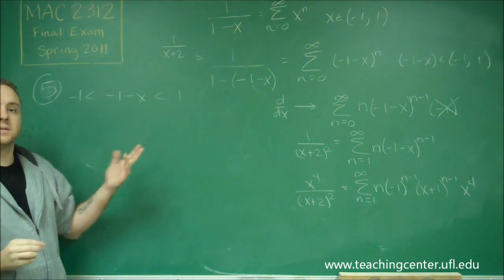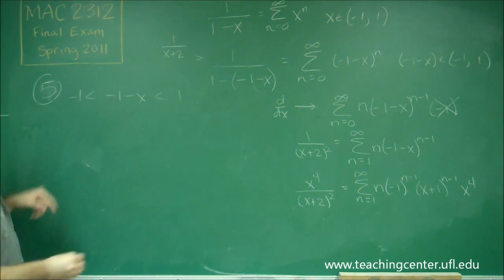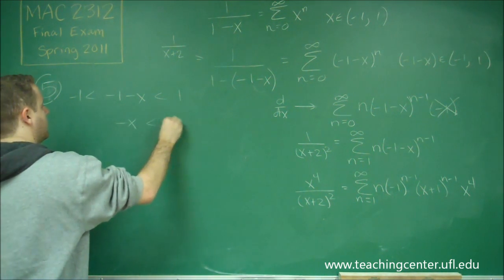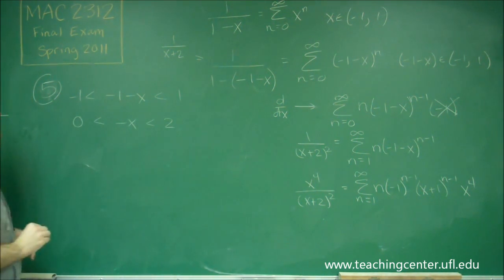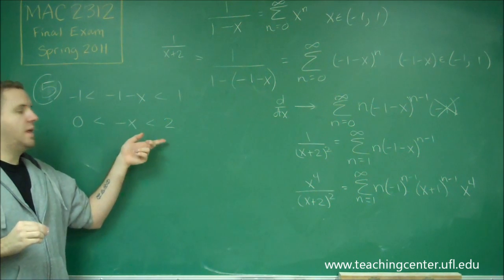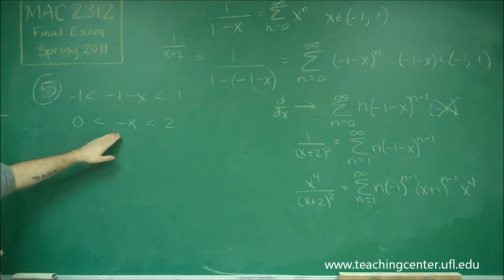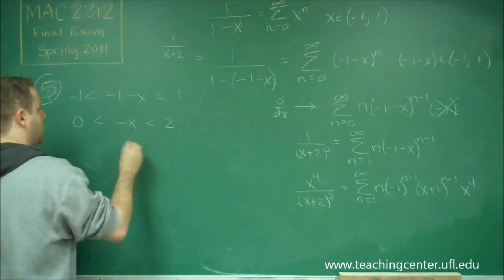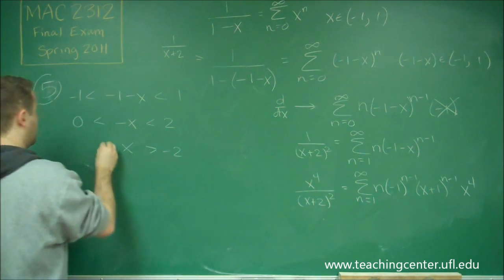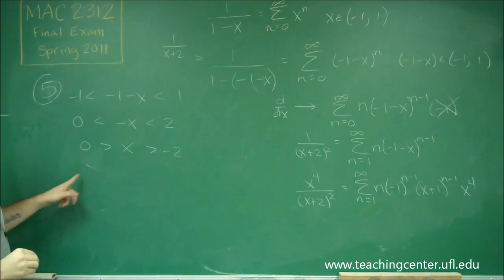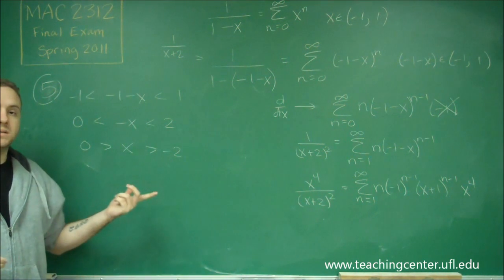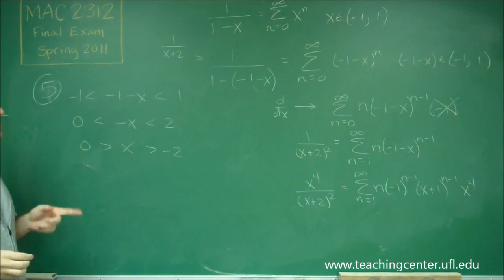So let's solve for x. We add 1 to both sides, so we get -x is between 0 and 2, and then we have to flip it because we're dividing by a negative. So we get x, which is written backwards, but it's basically the same thing: x is between -2 and 0.